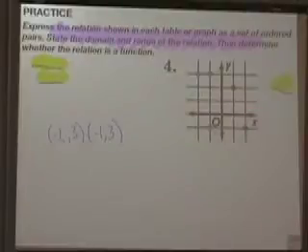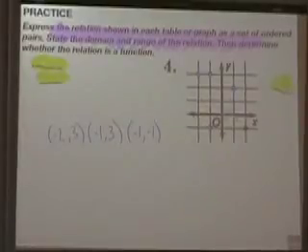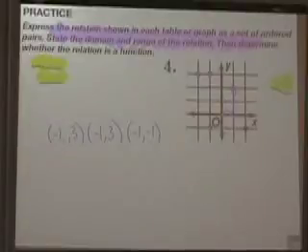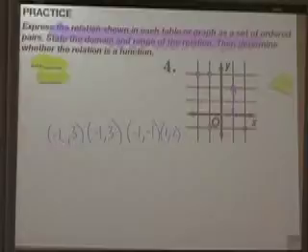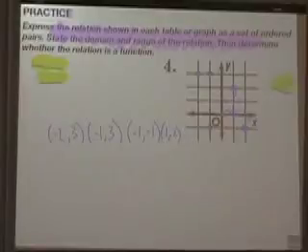Negative 1, negative 1. This point here? Positive 1, positive 2. And what's this one? Can you not count? Negative 1, 2. Negative 1, 2.